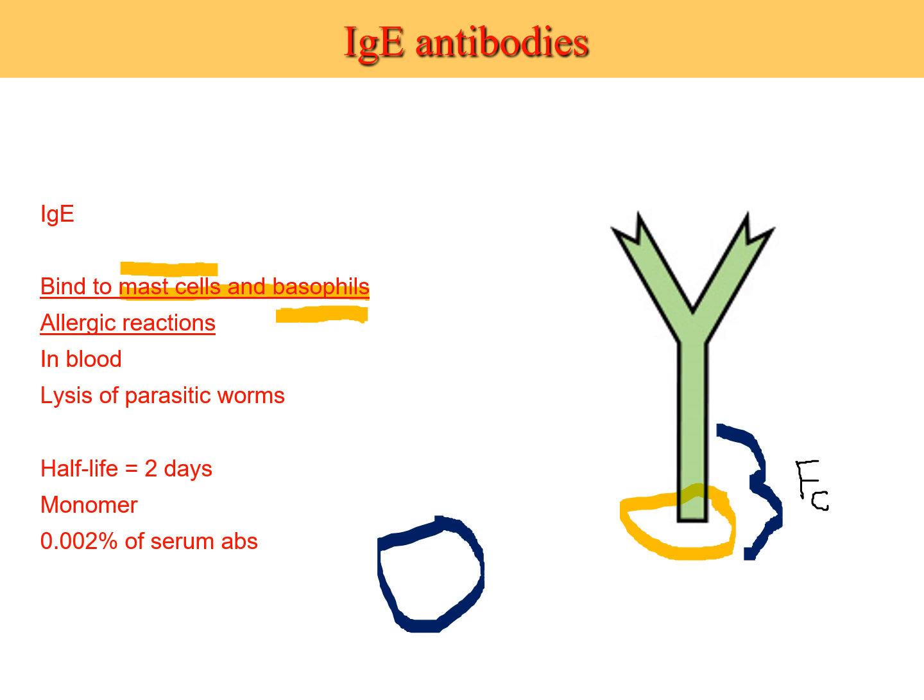And what basophils and mast cells have are receptors for IgE Fc. So IgE class antibodies, the Fc portion, that's the tail end here. Actually, all of that of an IgE molecule is the IgE Fc, and basophils and mast cells have IgE Fc receptors on their surface.